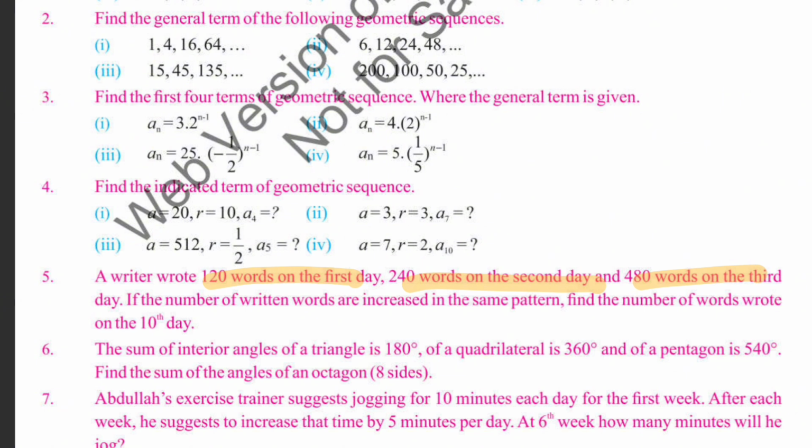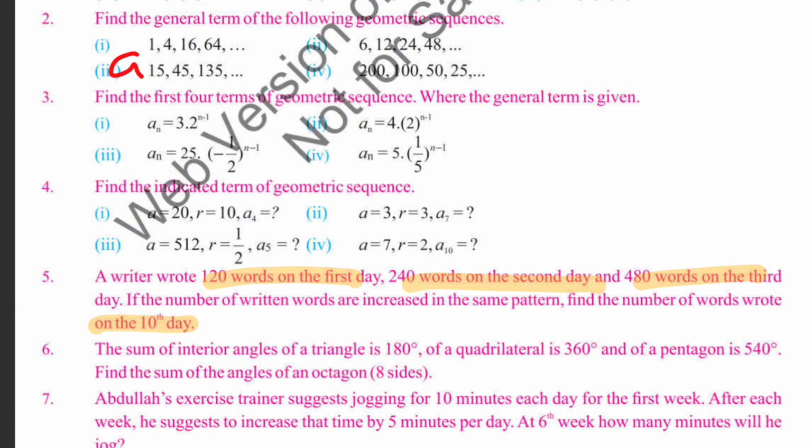Now, if the number of written words are increased in the same pattern, find the number of words on the 10th day. The 10th day we find here. Just this question is the same as question number 4.